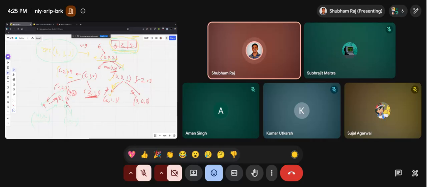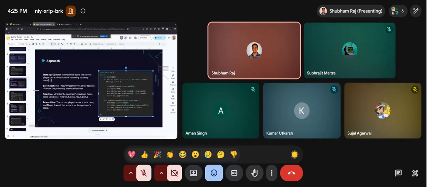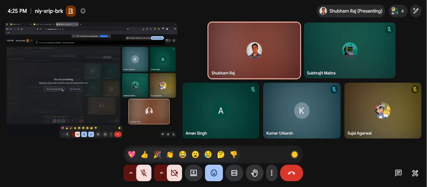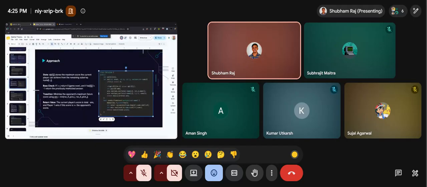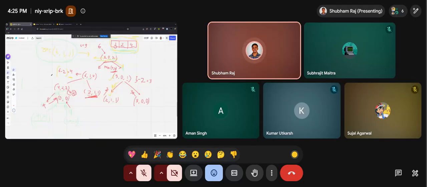So we'll be picking the minimum among the base cases. Here both are the same, so we can pass 0, right? Now, if we see the code, we are returning a base case here, and we are picking the minimum among the moves. Suppose a game is going, right? And we give the chance to the opponent to play his moves.